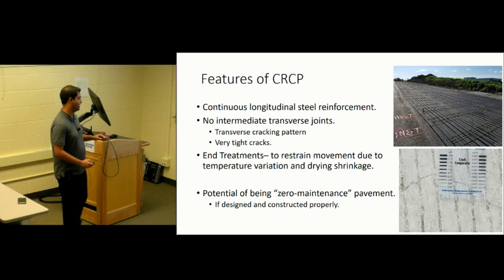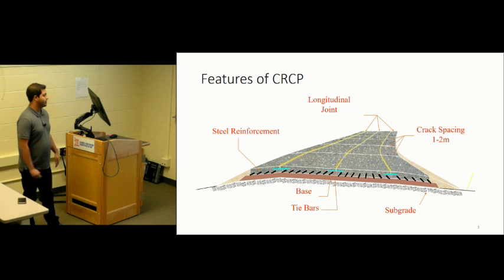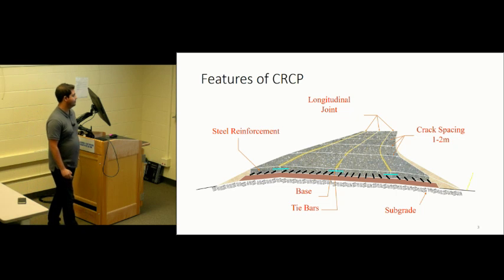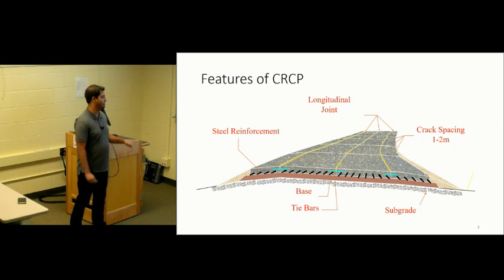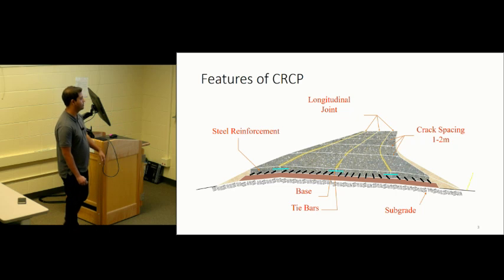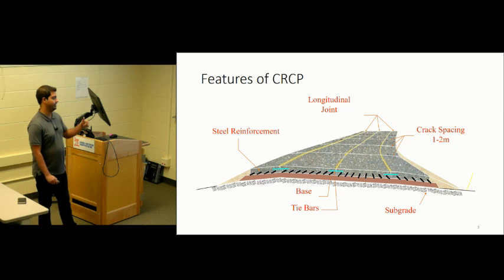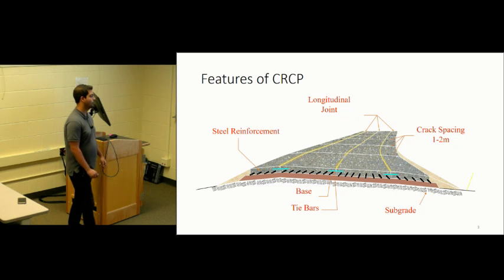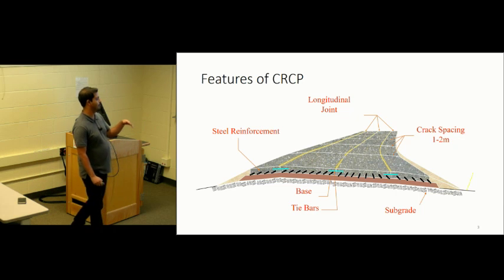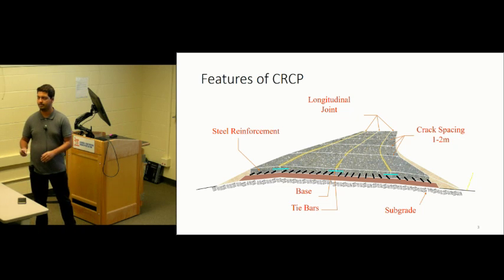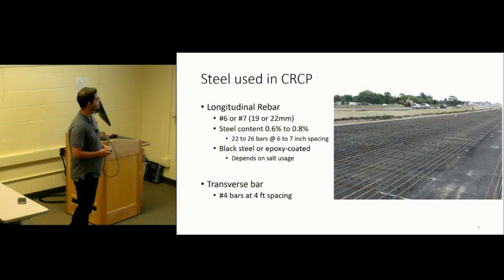That's the main thing. So this is the basic schematic of CRCP. We have a lot of longitudinal reinforcement. We have crack spacing, the naturally occurring cracks that have spacing of about 1 to 2 meters. And we have some longitudinal joints, but no man-made transverse joint.